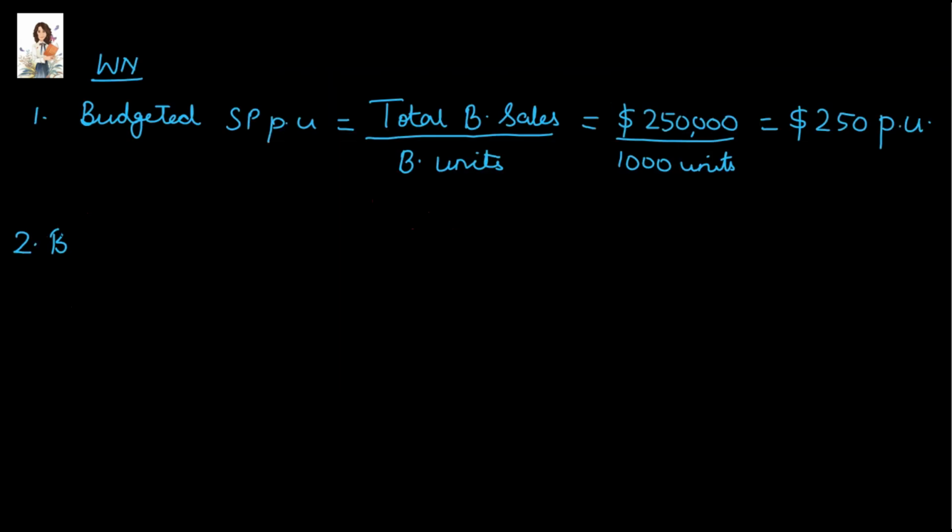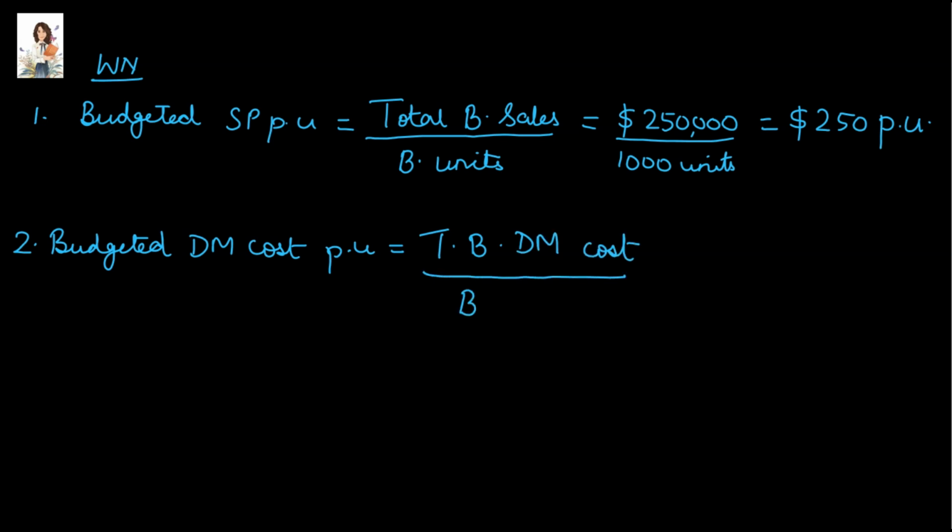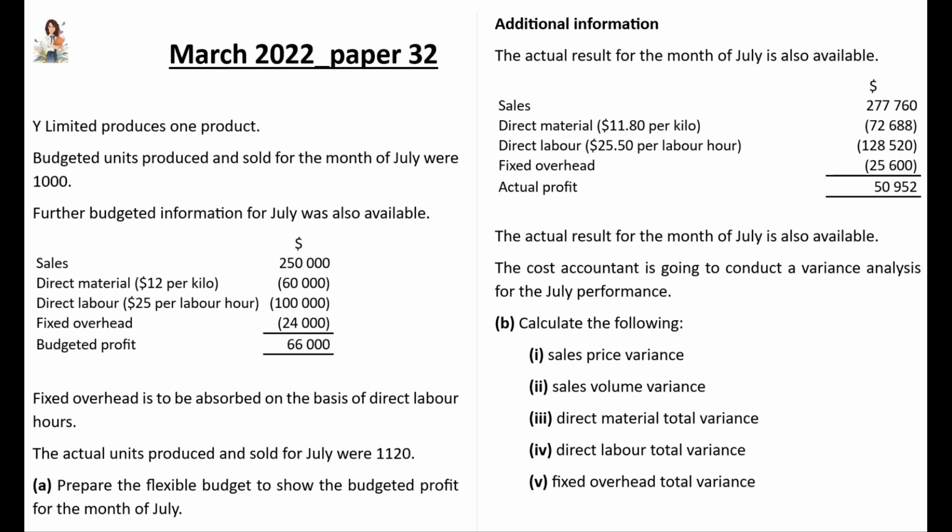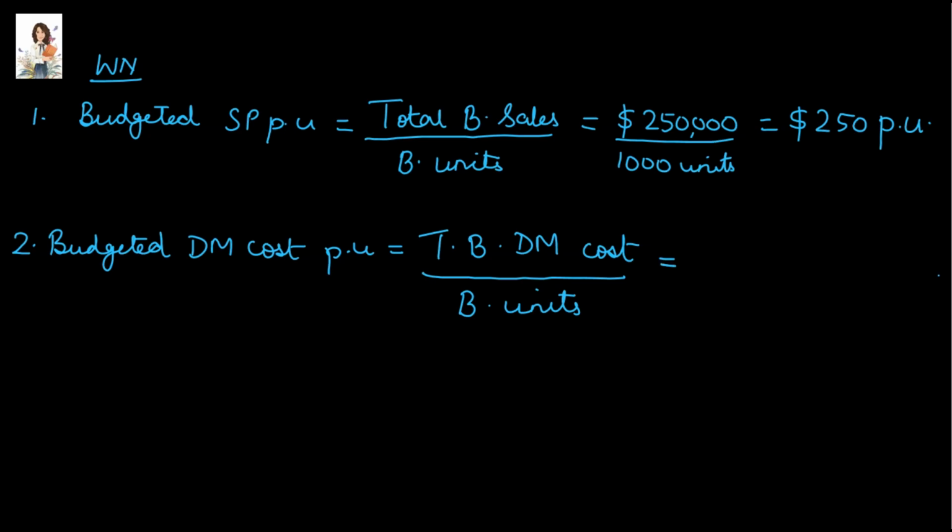Working note 2, budgeted direct material cost per unit is equal to total budgeted direct material cost upon budgeted units. Budgeted direct material cost was $60,000 and budgeted units were 1000. So this is $60,000 upon 1000 units.